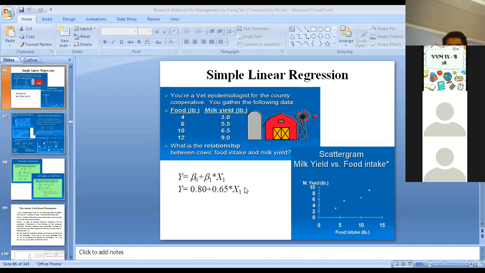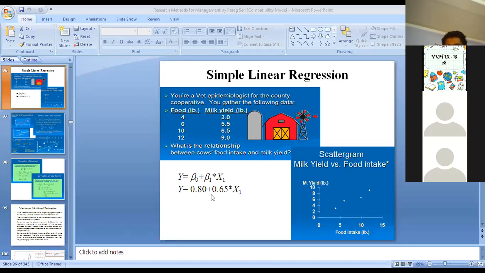If you put here 4, then 4 into 0.65 plus 0.8, you calculate the value of y. This will be your estimated value for sample number 1, for suppose cow number 1.